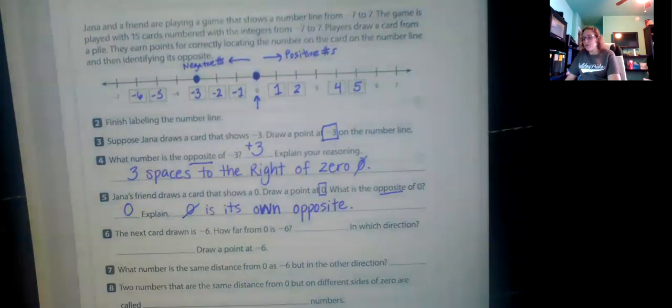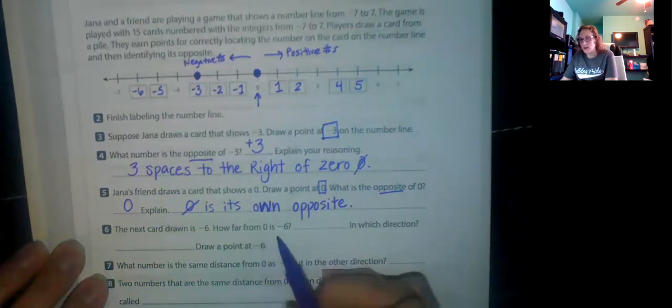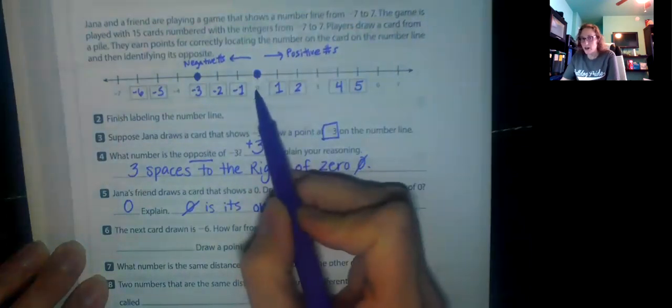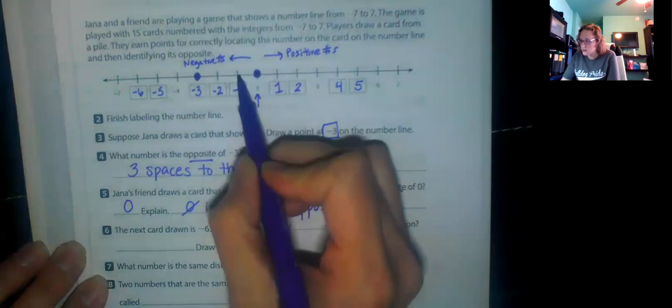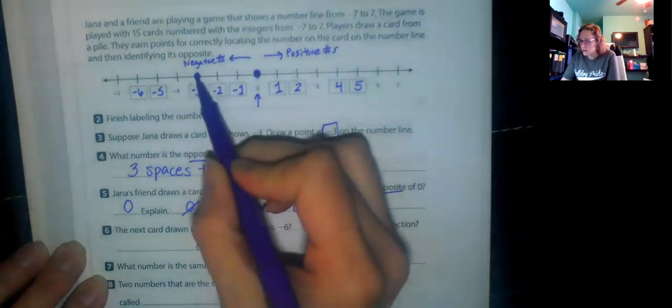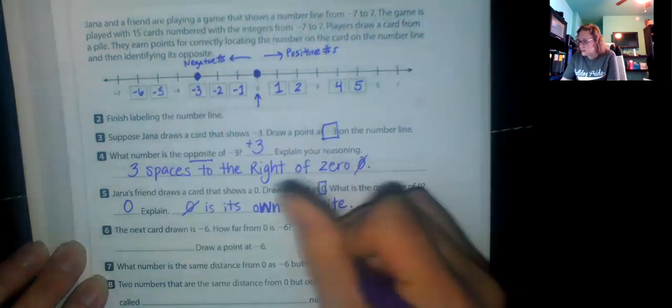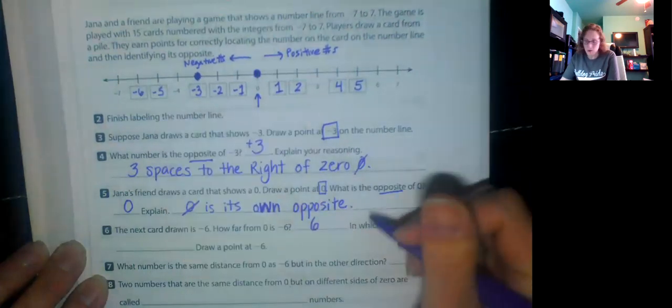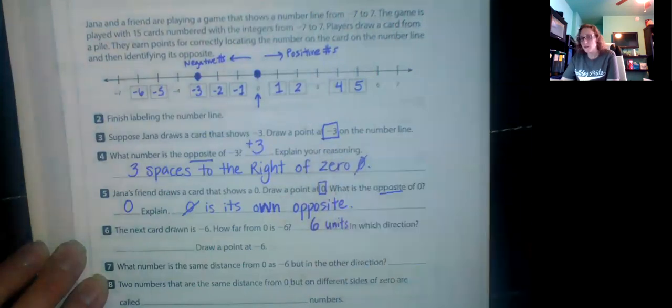Okay? The next card drawn is -6. How far from 0 is -6? Okay, so here's 0, and we want to know how far away is -6. So 1, 2, 3, 4, 5, 6. So it is 6 spaces. Okay, so 6 units or 6 pieces, whatever you want to call it.